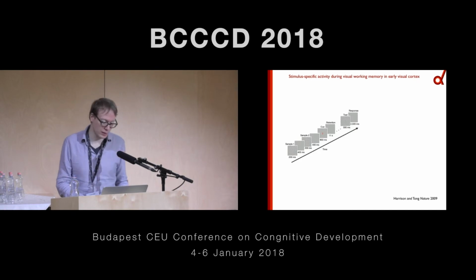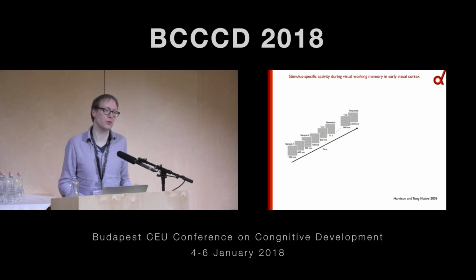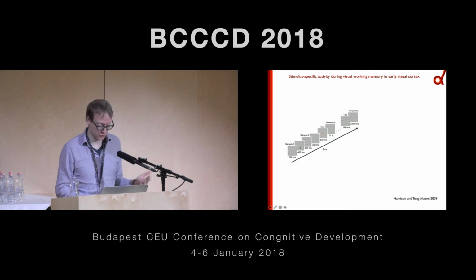Now, the paradigm that we used to look at thoughts, or internally generated stimuli, was pioneered by Frank Tong's lab while he was at Rochester. What he showed is that there is stimulus-specific activity during visual working memory in early visual cortex. I'll briefly explain the paradigm because we copied it, so it will be useful later.